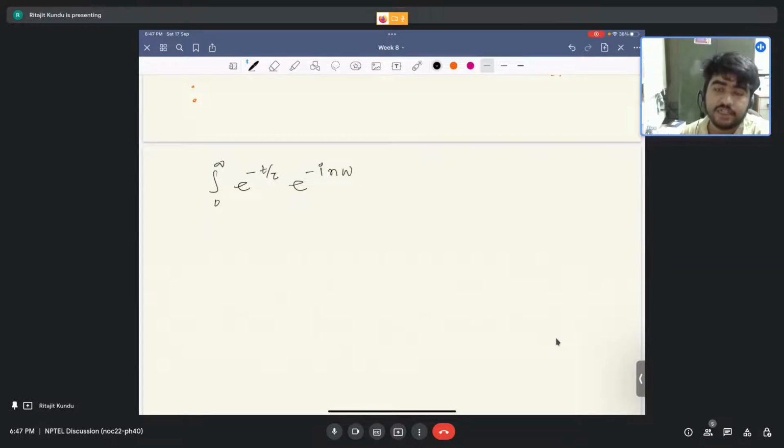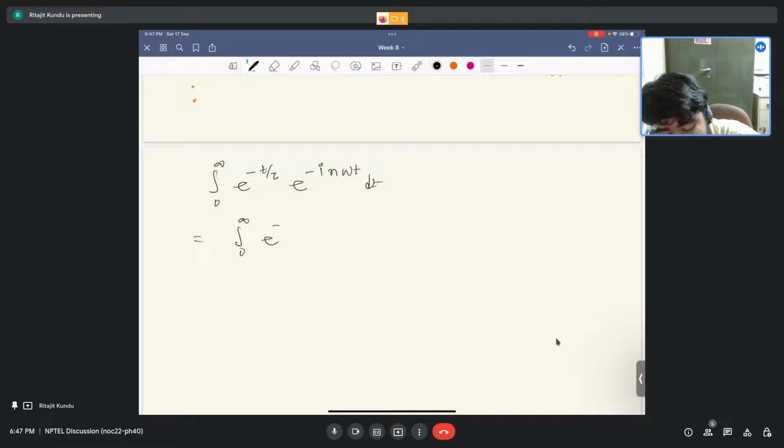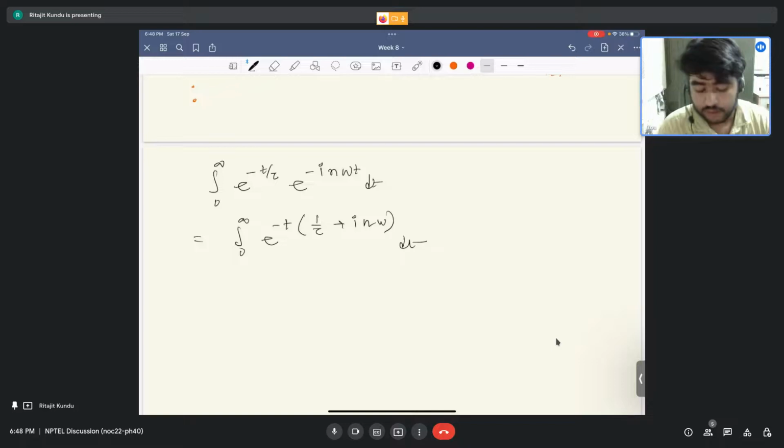So this is the time integration that you have to do now. So let us again combine all of these terms in the exponents. So it becomes t times 1 by tau plus i n omega, dt.